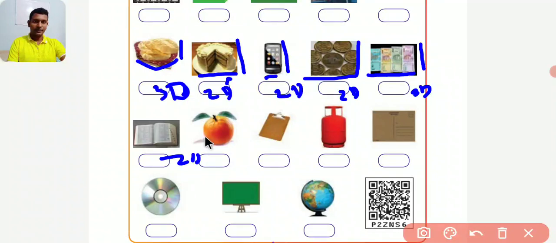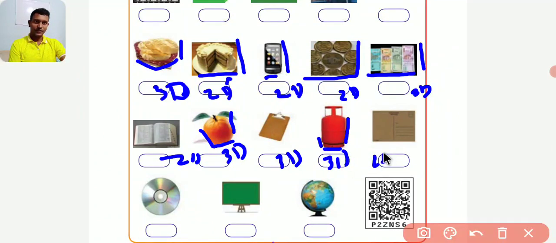But the orange has three dimensions: length, width and height. Therefore it is 3D. This also has three dimensions, therefore it is 3D. Cylinder: this is height, this is length, width. Therefore it is 3D.